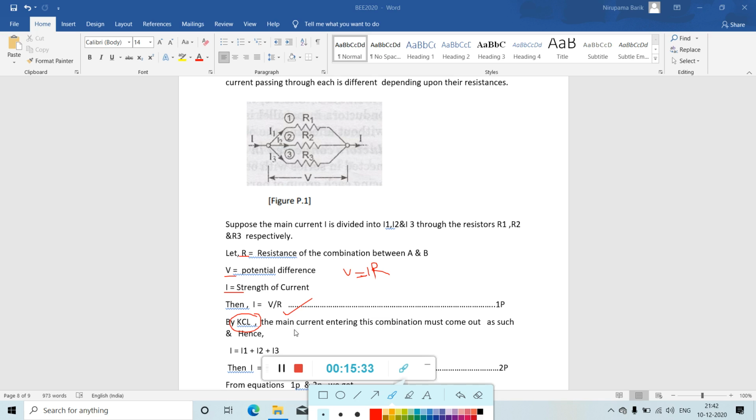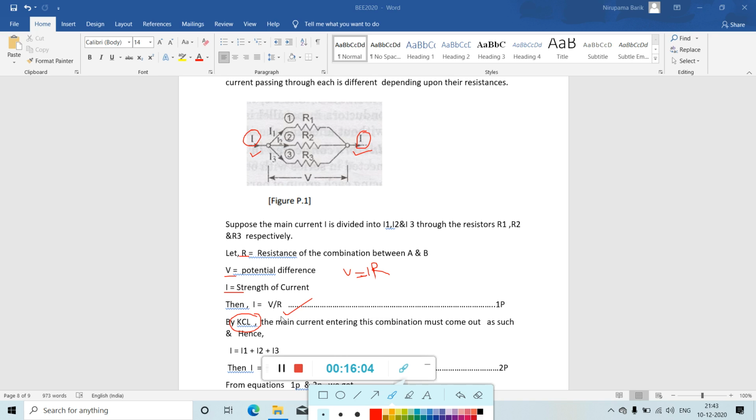According to Kirchhoff's law, whatever current is entering a circuit is equal to whatever current is outgoing from the circuit. So if I amount of current is entered at this point, then at this point whatever current is leaving is equal to this value. So if I current is entering here, then here also I amount of current is outgoing.